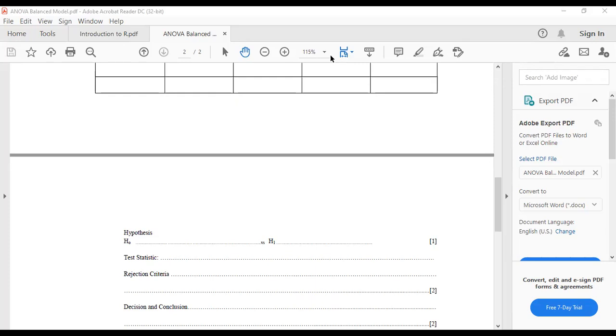Yeah, go ahead, Beto. So for H naught, it will be mu1 is equal to mu2 is equal to mu3 versus H1, mu1 is not equal to mu2 is not equal to mu3. That one may mislead us.